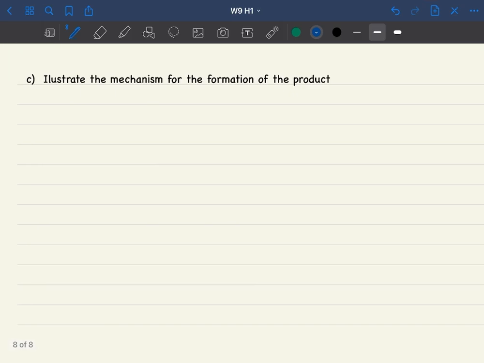Moving on to the next part, we need to illustrate the mechanism for the formation of the product. In alkane, there's only one mechanism that you need to know, which is free radical substitution. This mechanism has 3 steps altogether. The first one is initiation, where we are going to form a radical. The second is propagation, where the compounds propagate themselves.